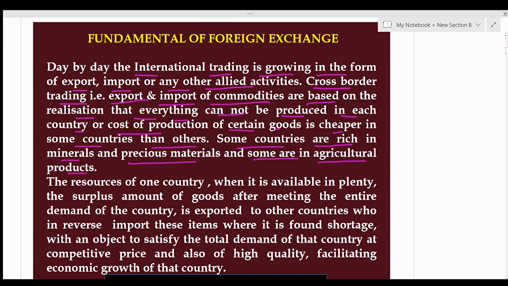When the resources of one country are available in plenty, the surplus after meeting the entire demand of the country is exported to other countries, who in reverse import these items where there is shortage, with the object to satisfy the total demand of that country at competitive price and high quality, facilitating economic growth of that country.